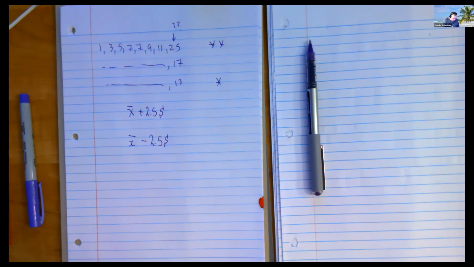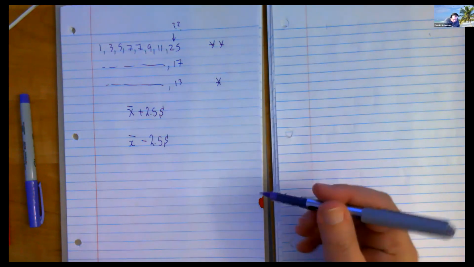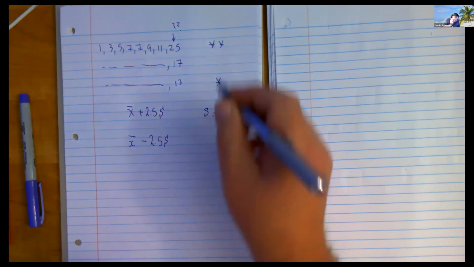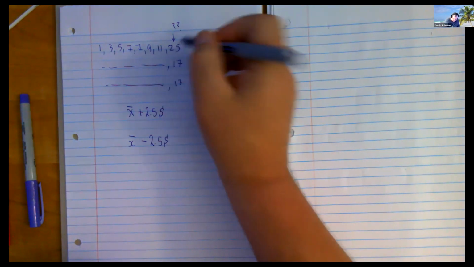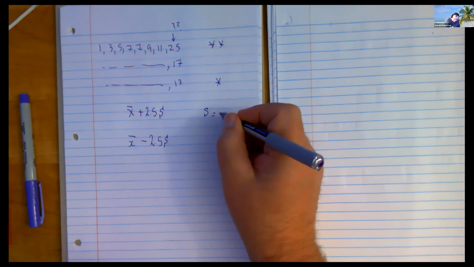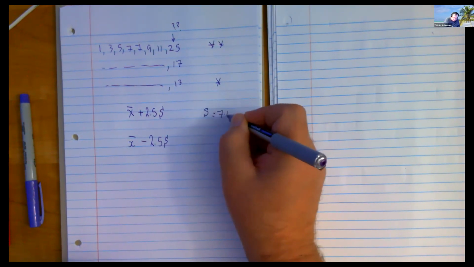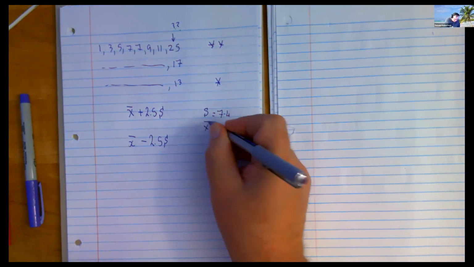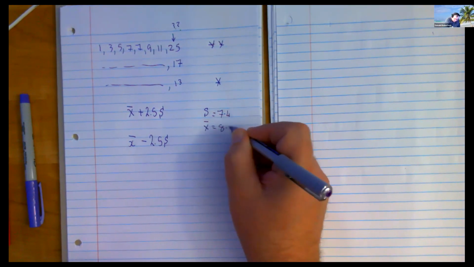And although you can't see me doing it, I'm now doing all the other buttons that I need to press. You're just going to trust me on this, that the standard deviation in this set of data ended up being 7.4. And the mean of this data actually is 8.5.